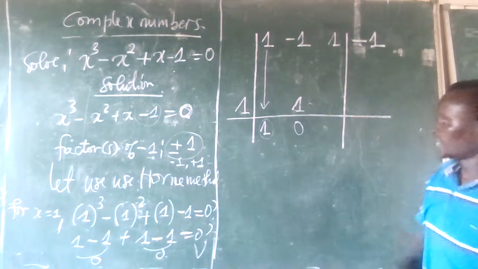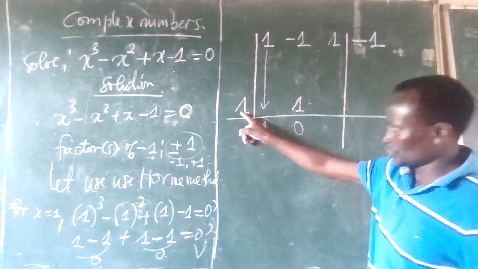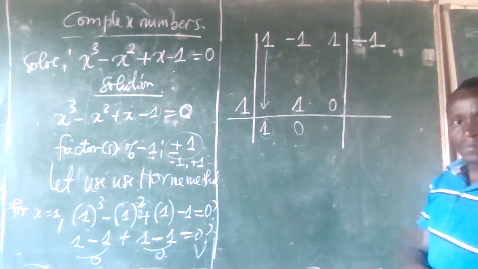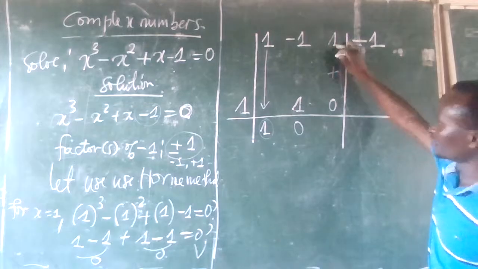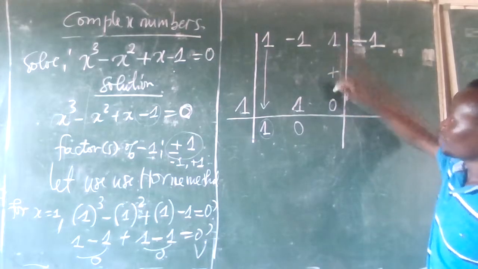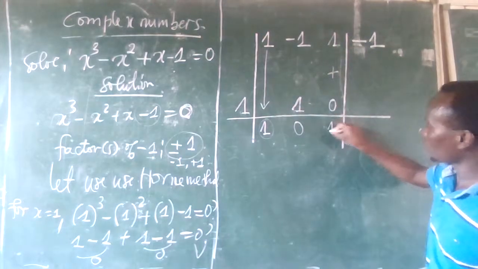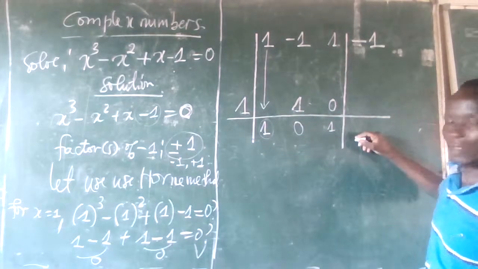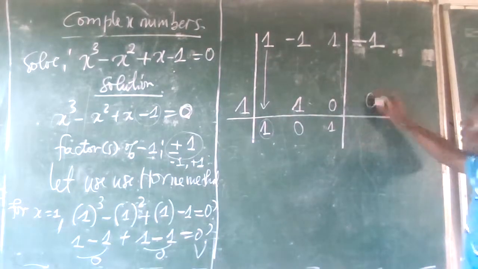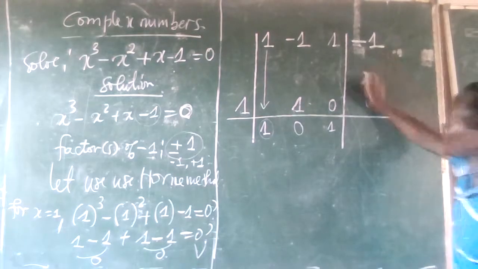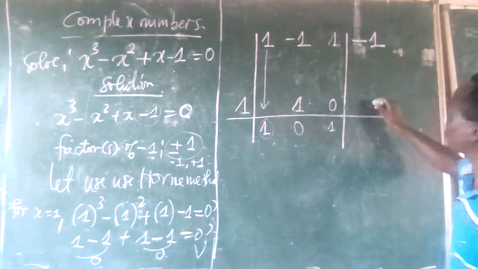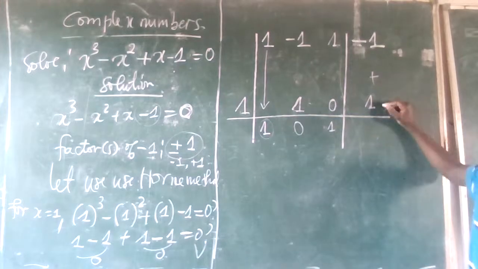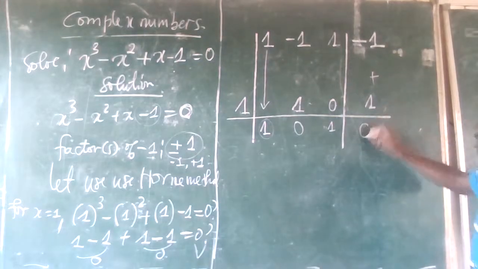Now we take 1 times 1, it is equal to 1. Write 1 here. Then you add those two numbers and remain with 0. Again, 1 times 0 remains 0, and adding we remain with 0.